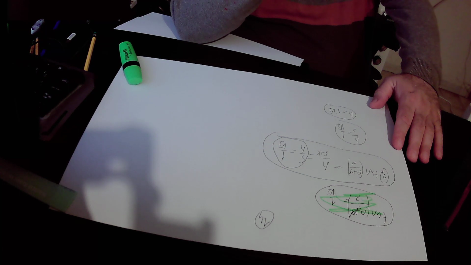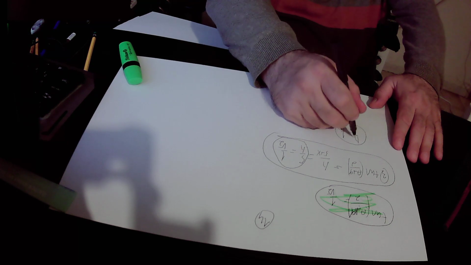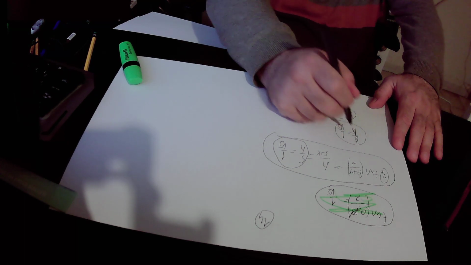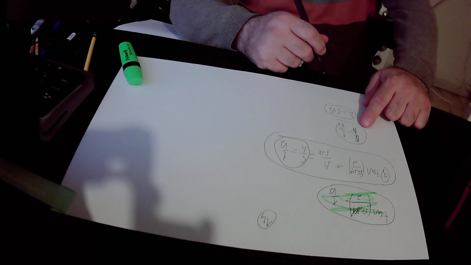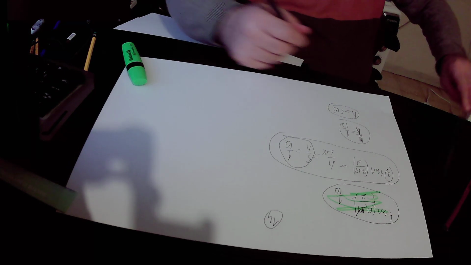Also, 5 over h is equal to 1 over square root of 2. We cross multiply this equation and we find that h equals 5 times square root of 2.